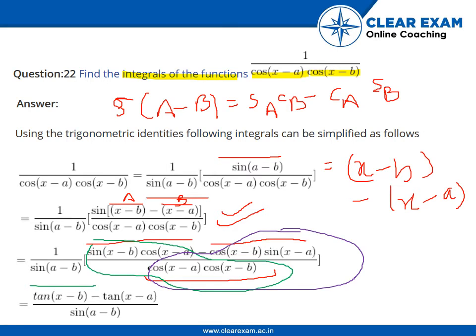The cos(x minus b) gets cancelled and we get tan(x minus a), and in the denominator we have sin(a minus b), which is constant. Now this integration is pretty easy, as we have two terms of which we know the integration already and we have a constant, so that does not affect the integration.